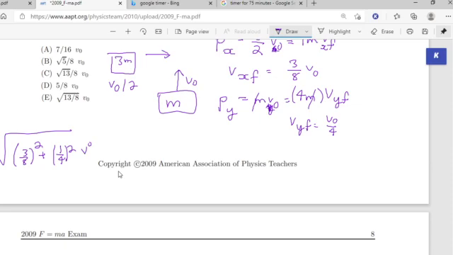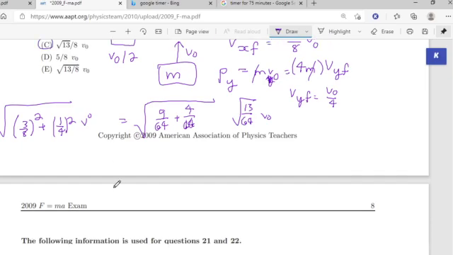And I'm too lazy to actually do that, but it's asking for it, so I have to. Okay, so that's 9 over 64 plus 1 over 16, which is 4 over 64. So 13 over 64 v naught, which is just root 13 over 8 v naught. Okay.